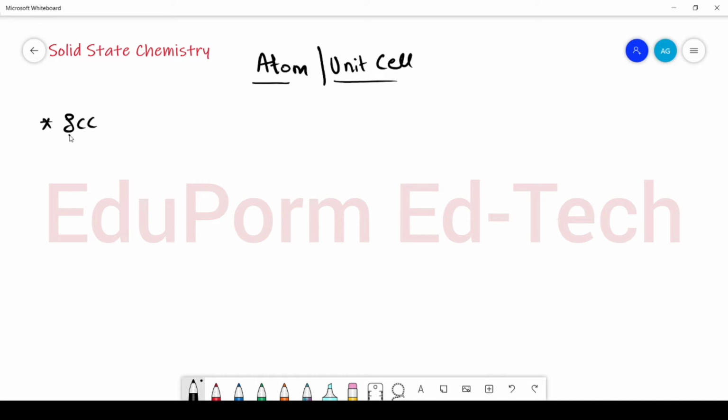In case of simple cubic crystal, we know that the lattice points, or we can say the atoms, are present only at the corners, and each corner consists of an atom. So 1, 2, 3, 4, 5, 6, 7 and 8. 8 atoms are present at the corners.